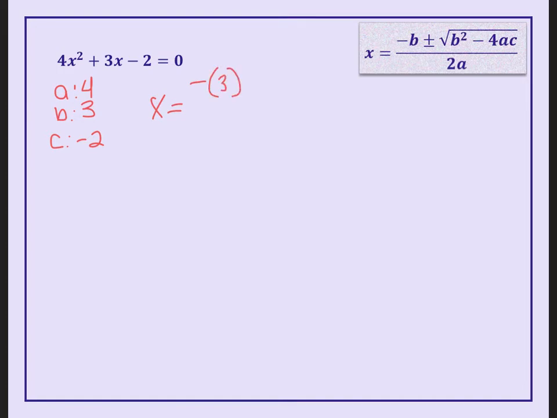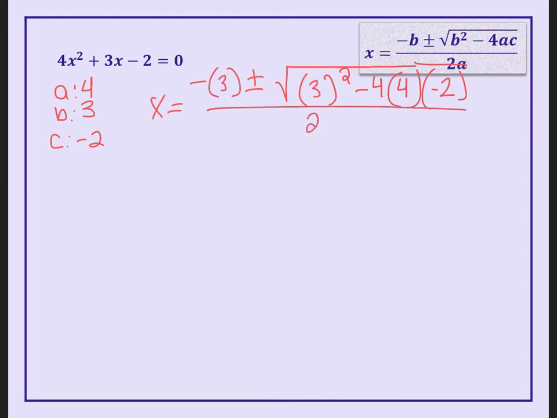Wherever I plug in a number, I'm going to write parentheses, plus and minus the square root of b squared, minus 4 times a times c, all divided by 2 times a. So let's go ahead and get rid of the parentheses. We have a -3 plus and minus the square root.